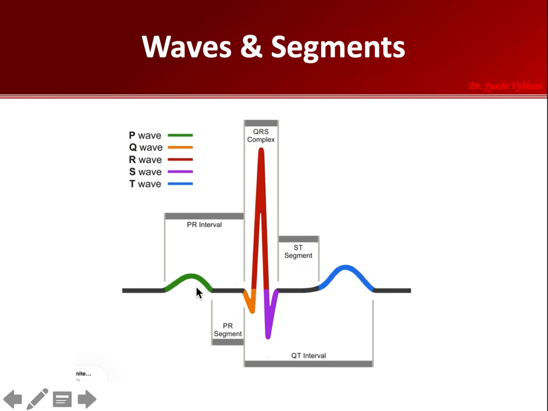The segments are where there is an electrical event happening but no electrical activity picked up by the ECG machine. That is AV nodal depolarization, the PR segment, whereas the ST segment is showing the complete ventricular depolarization. So this is about the names of the waves and the segments.